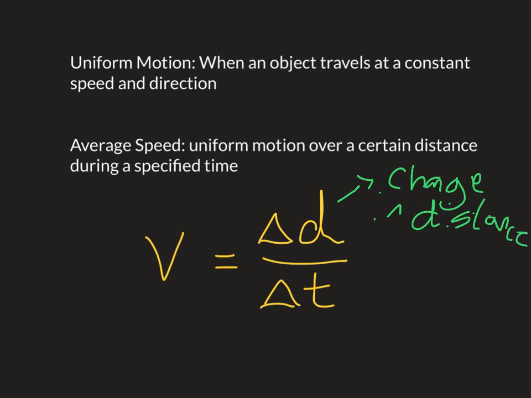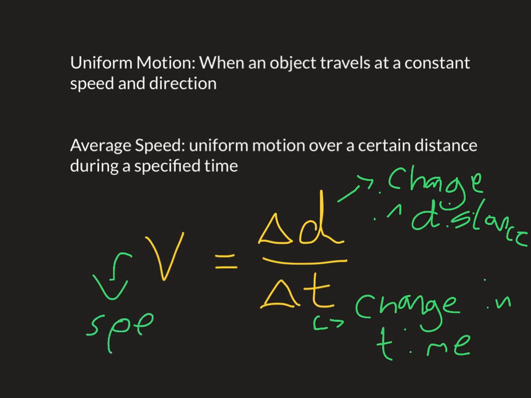Okay, the Δt down here is going to be change in time. And my V here, and it seems weird to use V for this, is going to be my speed. So what we're saying is that your average speed is equal to how far you traveled from where you started to where you are now, and how long it took for that to happen.